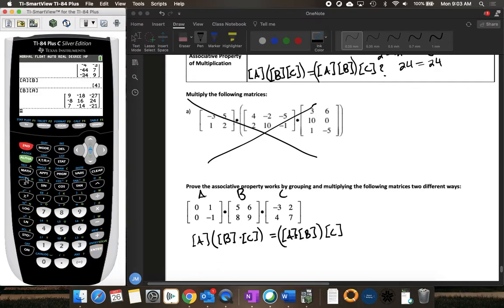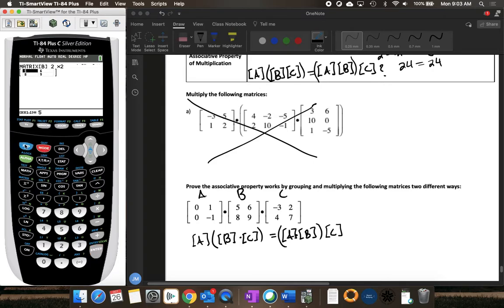So let's go ahead and put those into our calculator, back into the matrix menu. We'll make A our first 2 by 2 matrix, and it was 0, 1, 0, and negative 1. So there's matrix A. Then we'll get matrix B put in. So B is also 2 by 2, and it is 5, 6, 8, and 9.